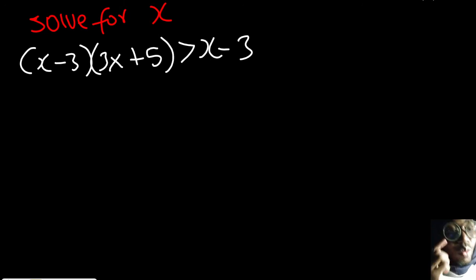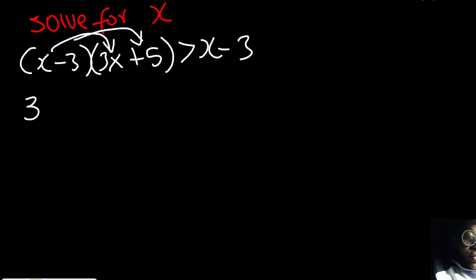Okay, so what we're going to do now is to distribute into the bracket. For example, in this way. We're going to multiply that first. X times 3x gives us 3x squared, and we have x times 5, that is plus 5x.